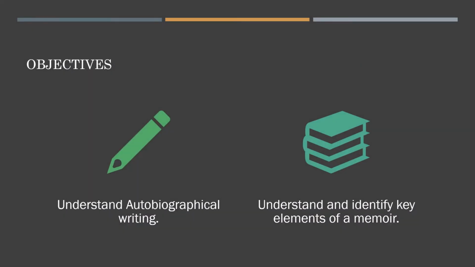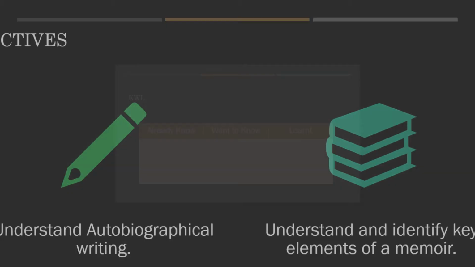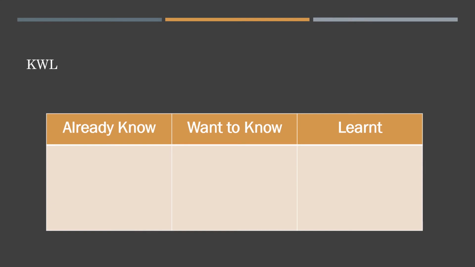By the end of this lesson, you should be able to understand autobiographical writing. Secondly, understand and identify key elements of a memoir, and also distinguish between autobiographical writing and a memoir. Use the KWL chart to write what you already know about autobiographical writing and memoir, and the key elements of a memoir.